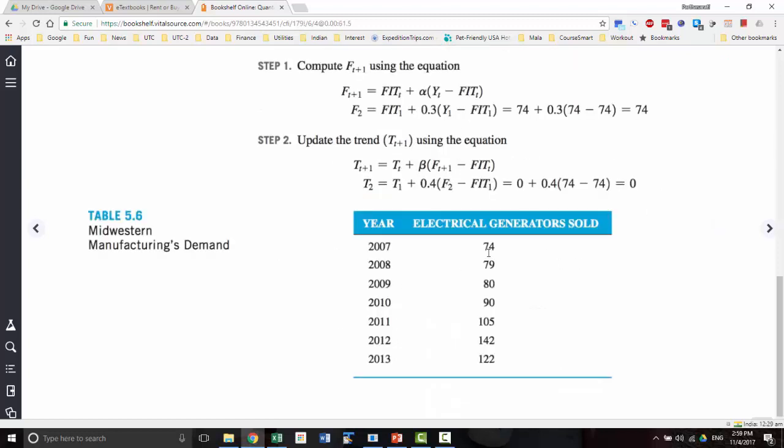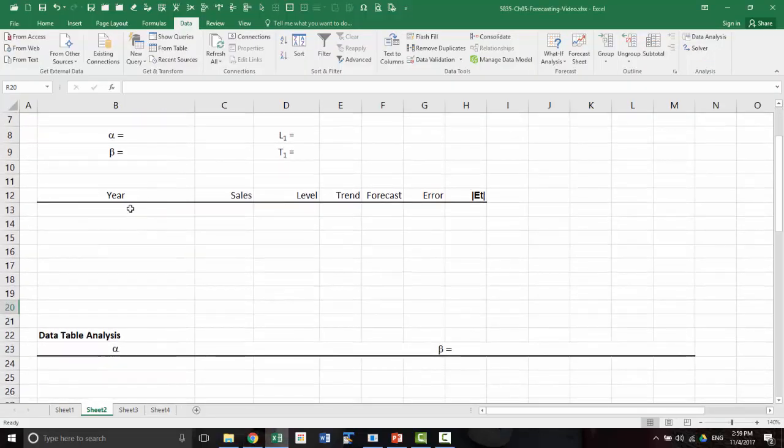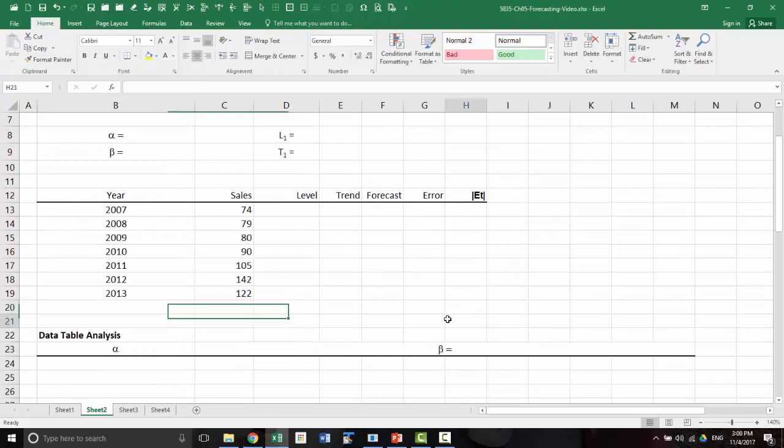This example here is Midwestern Manufacturing electric generators sold. We have demand for the past 7 years, and you can see the trend. So simple exponential smoothing won't work. Let's now head on over to Excel. Okay, let's set up the data.